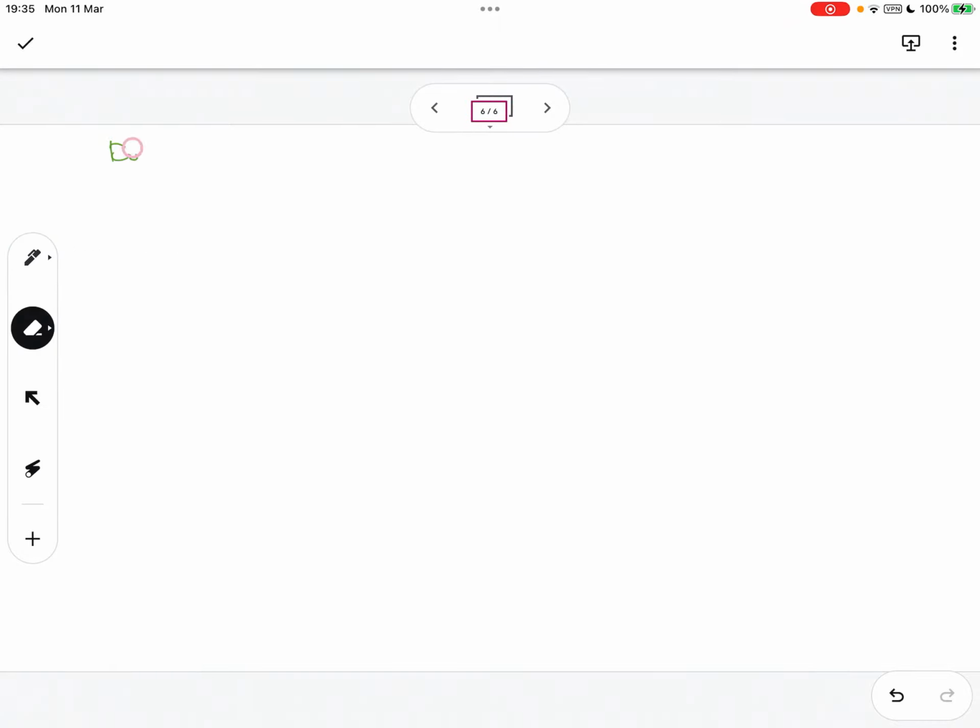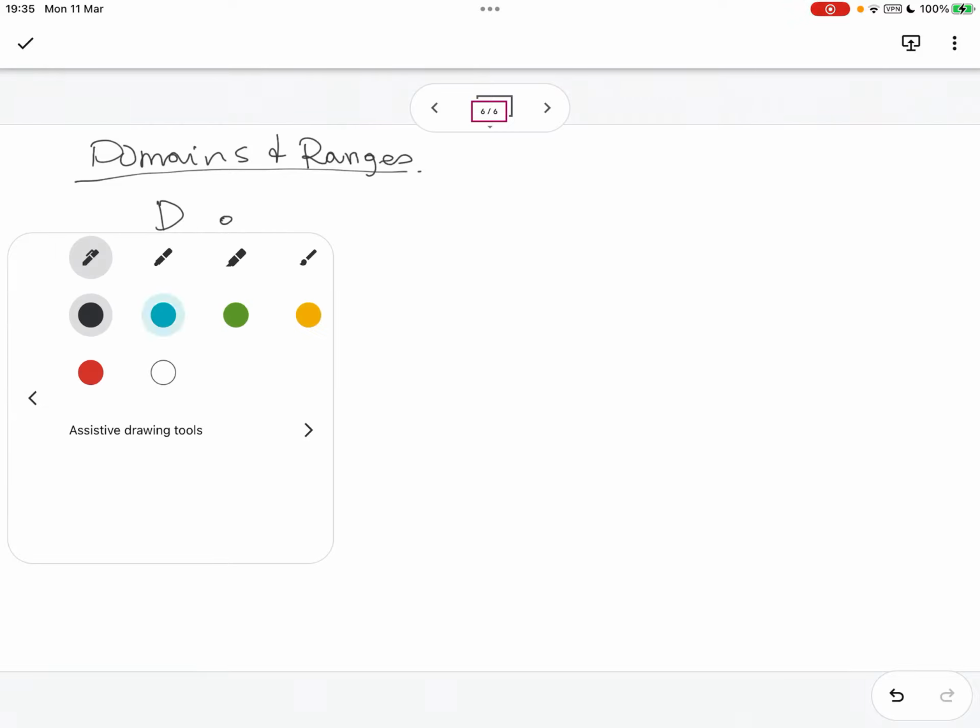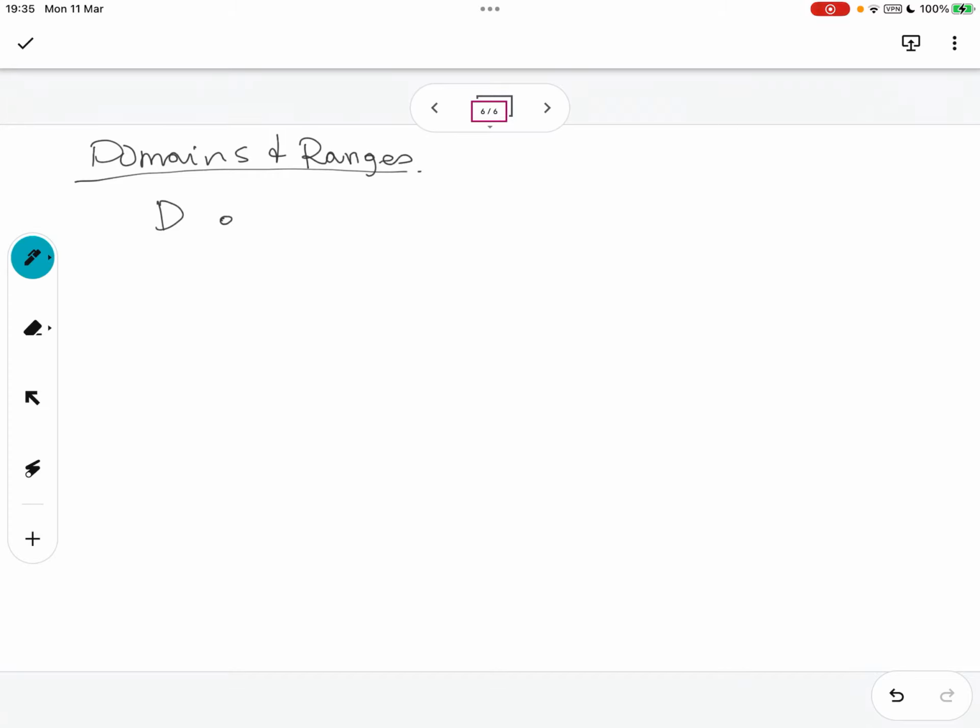Right, let me just check, is the thing still updating live? Domains and ranges, yes, domains and ranges, right? So the domain of a function, let's just use blue ink.